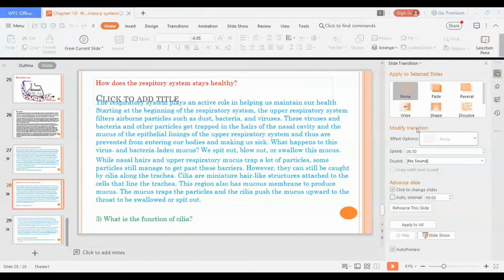Okay, so the next question I have, what is the function of cilia? Nguyễn Hoàng Nam, can you unmute yourself and answer question number 3?